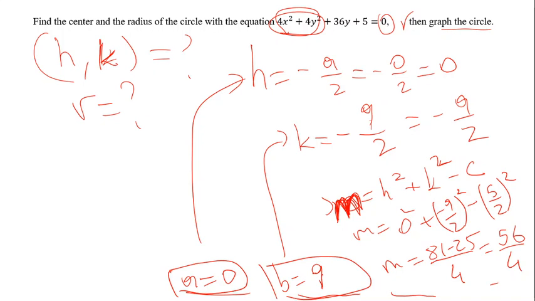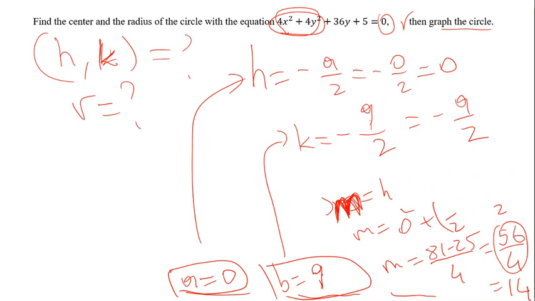So 56, if you do the division, it will be equal to 14. So m turns out to be 14.